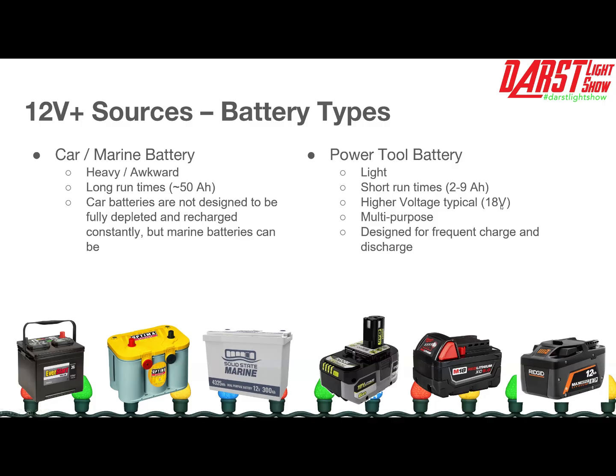Typically they're at 18 volts, maybe 24, and you can regulate that down to the 12 volts that you need. The cool thing about these is they're multi-purpose and they're designed to be frequently charged and discharged. So you might already have a bunch of Milwaukee tools or Ridgid tools or DeWalt or whatever. So you can just add a couple more batteries to your arsenal. You've already got the chargers ready to go.